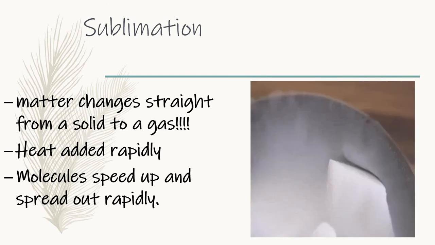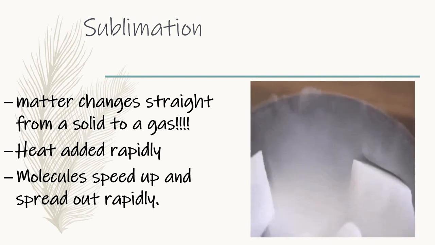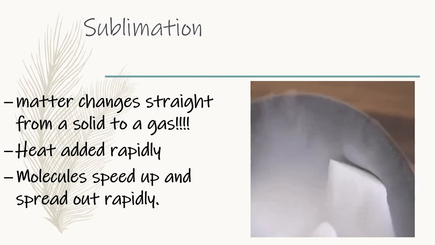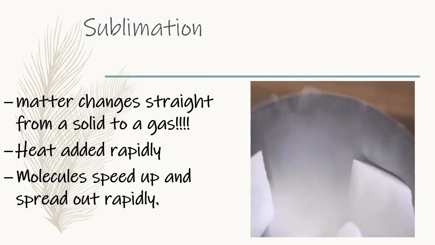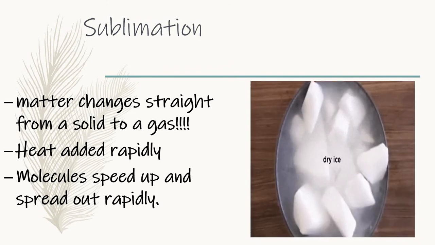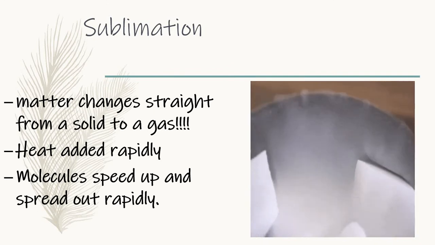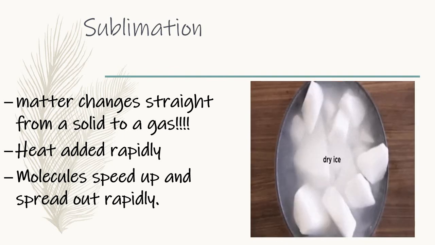We have here an example. We have our dry ice. Dry ice is neither ice nor water. It is actually solid carbon dioxide. It is dry because it does not change to water. Dry ice changes from solid directly to a gas without passing the liquid state.